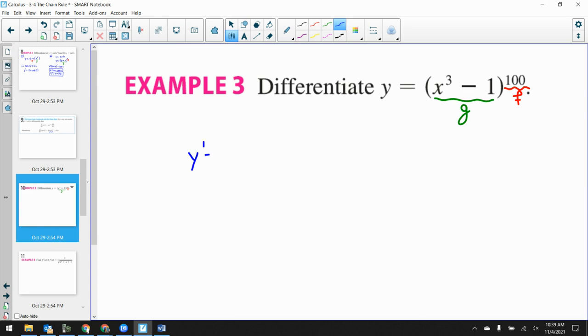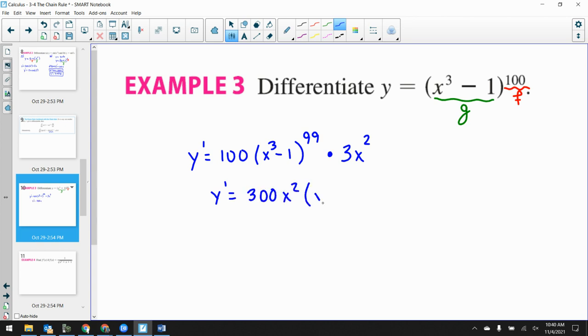So y prime is going to be 100 times, well, what to the 99th? The exact same thing. Don't change it. It doesn't change yet. Times, chain rule says, multiply it by the derivative of the inner, 3x squared. So all in total, y prime is 300x squared times x to the third minus 1 to the 99.